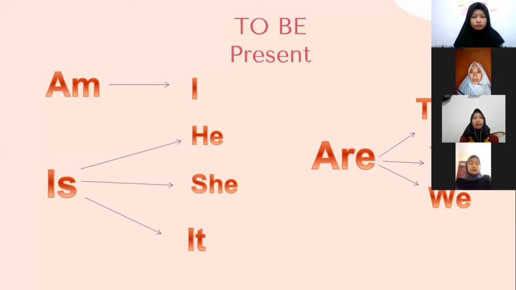For example, like Rexa's example, I am study, in that sentence there is to be and also there is a verb. The to be is am, and then the verb is study. It's incorrect. So Rexa, the correct one is I study or I'm studying. Okay. Oh, okay, Miss. Can we continue? Yes, Miss.